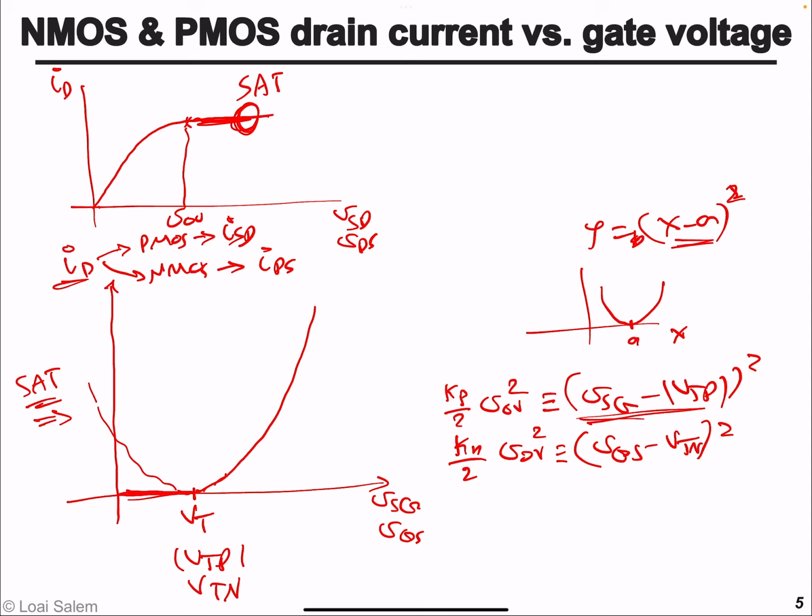But we know that when the VSG or VGS is less than VT, the current is 0, so it will be 0 here. And then it quadratically increases with VSG or VGS as we increase the gate to source voltage. And of course, here I'm drawing the drain current when the transistor is in saturation, whether it's NMOS or PMOS.